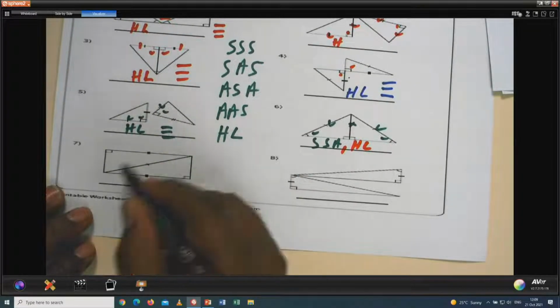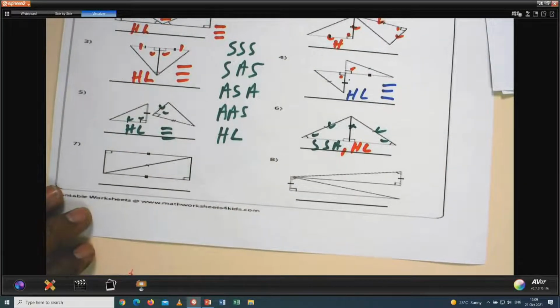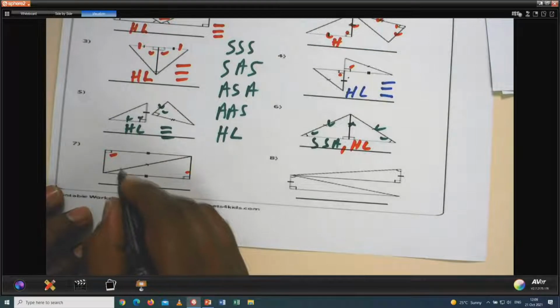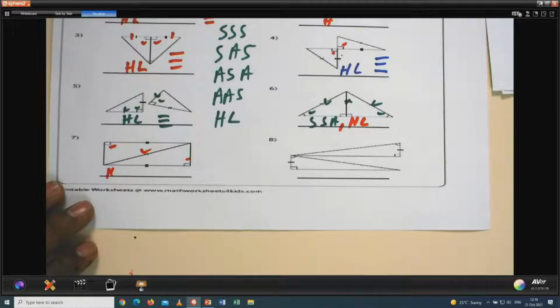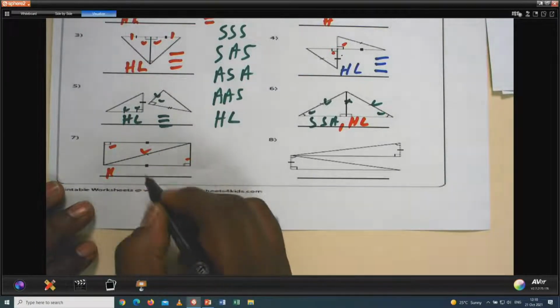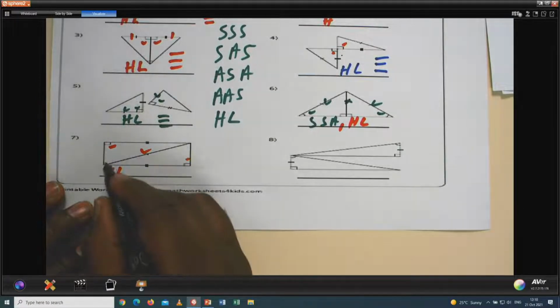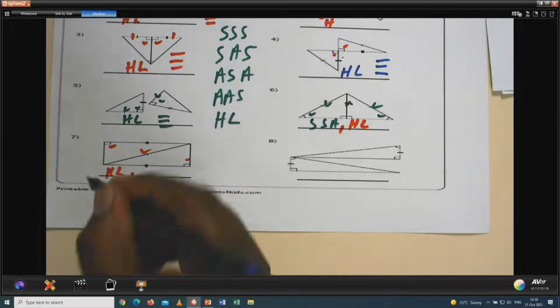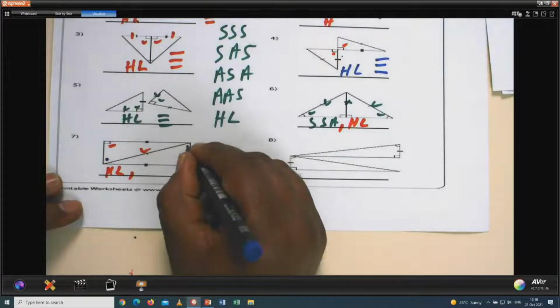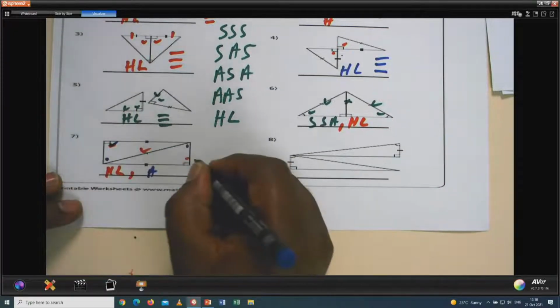Again here we can see if that is 90, this is 90. Therefore that should be a rectangle. But like I say, it's up to you how you see it. We've got 90 degrees. Therefore we've got hypotenuse, which is common. Opposite sides of a rectangle equal. Or you can say again, that's why we say we see differently. Because it's a rectangle, alternating angles equal. The 90 degrees angles equal.